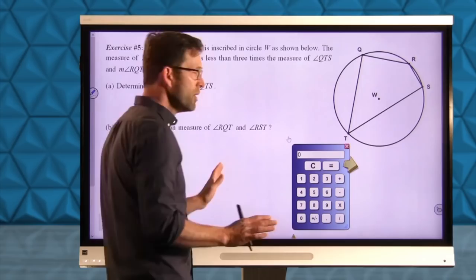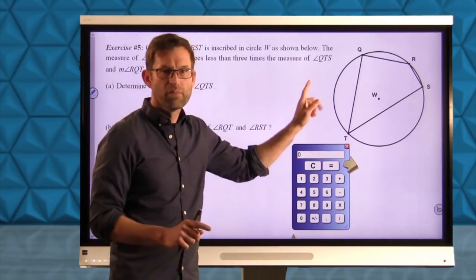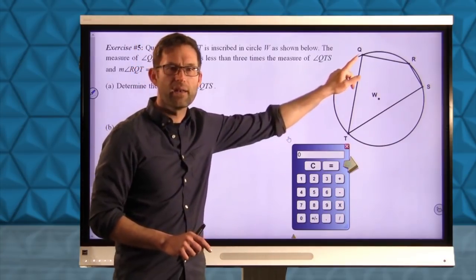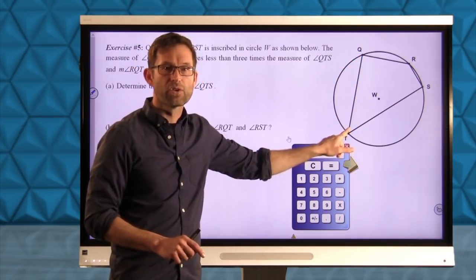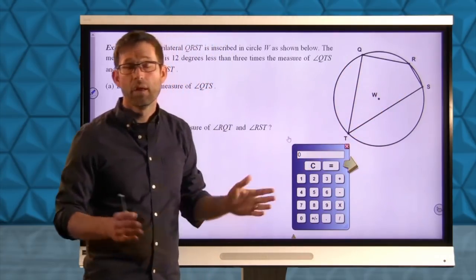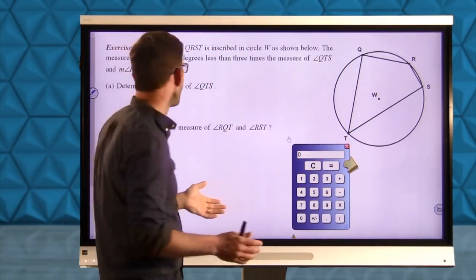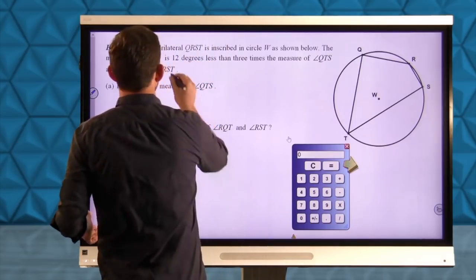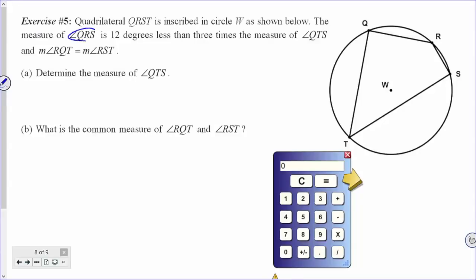All right, so first things first, let's make sure that we understand what we're trying to find. We need to find the measure of angle QTS. Now again, what are we really told? Well, first thing is that the measure of QRS is 12 degrees less than 3 times the measure of QTS.